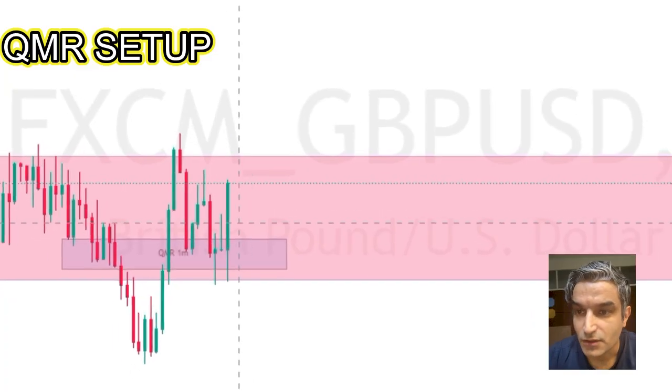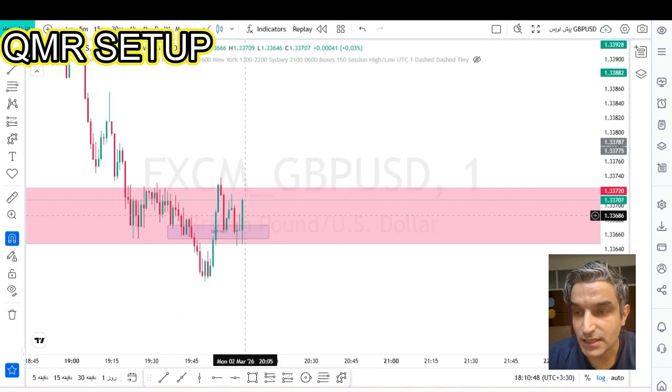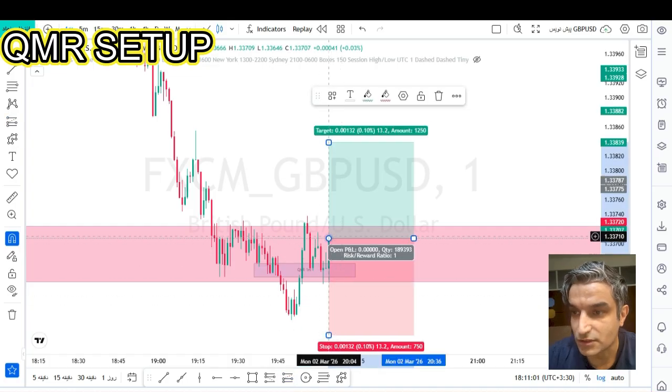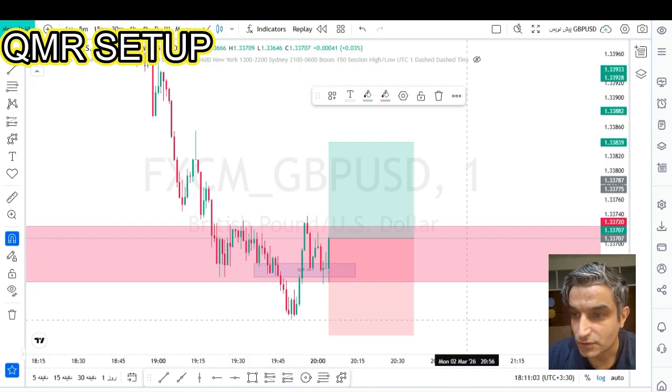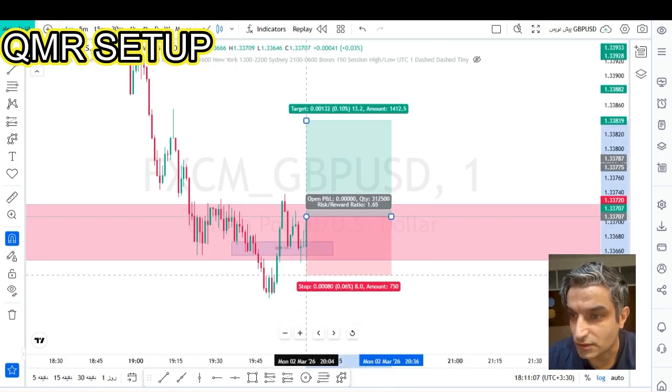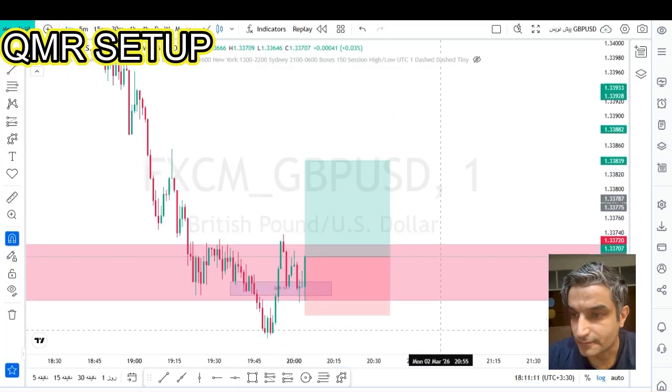As you see, we have the same engulfing candle in the same time frame, and I prefer to enter the position after this candle gets closed. I put my stop loss around here, about 8 pips.